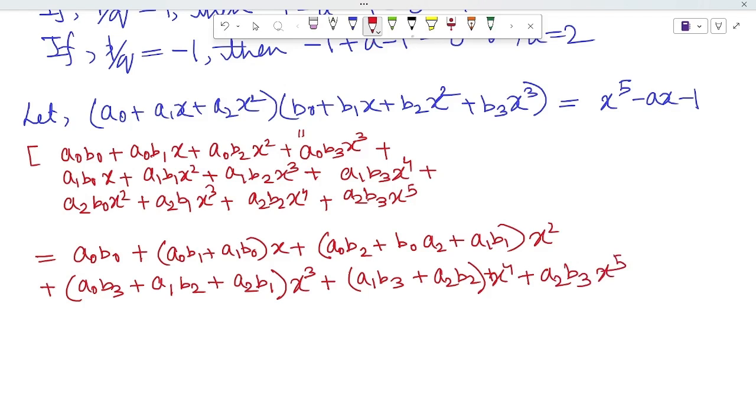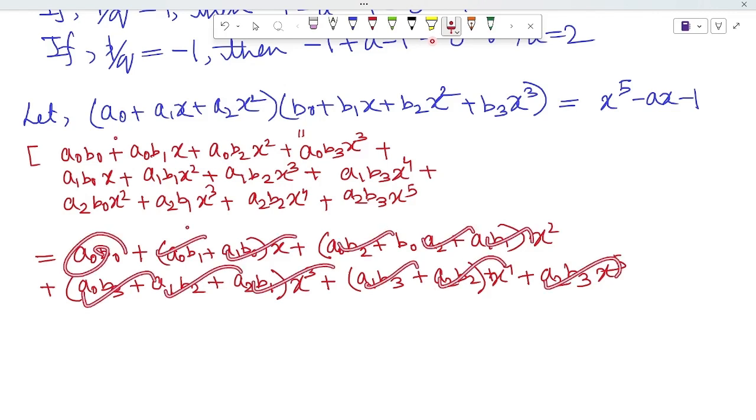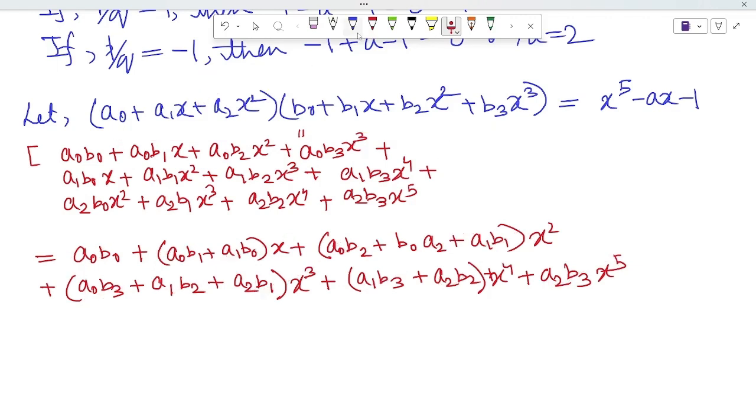Let me count: 1, 2, 3, up to 12. 12 terms are there, and 3 terms times 4 terms is 12 terms, so my calculation is correct.